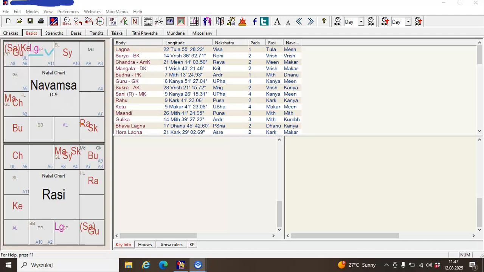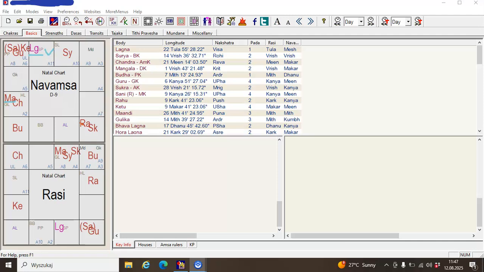Then we'll start to calculate our Mahadashas and their lengths. The first Mahadasha will obviously be of Mesha. What we do is count from the Rashi up to its ruler. You see that Mangala is found in Makara.